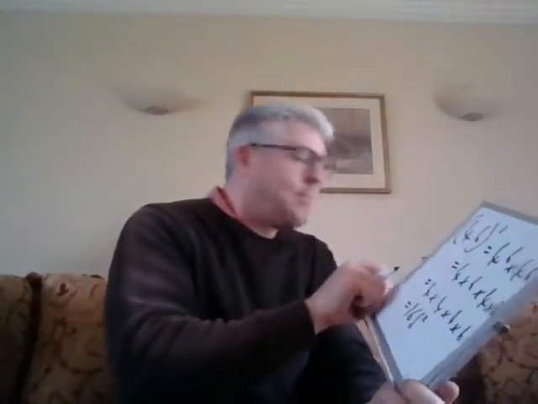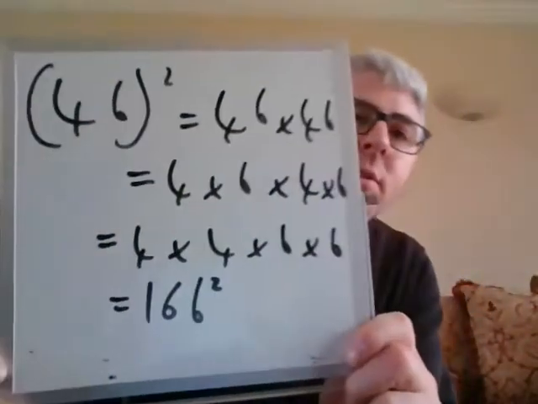And then you've got 4 times b times 4 times b. And then you've got 4 times 4 times b times b, so it equals 16 b squared. I just wanted to show you that.